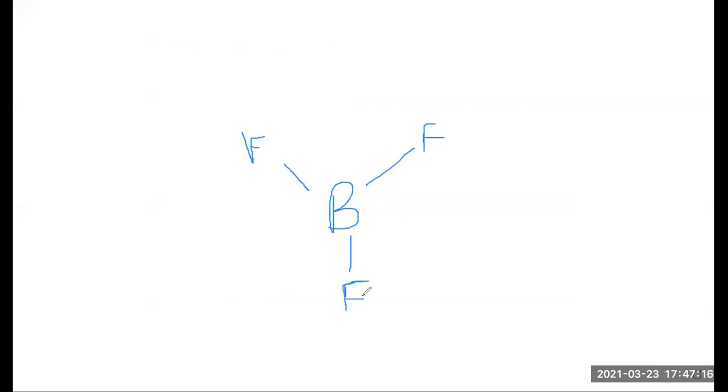Boron is pretty happy with just six. So if I put three fluorines around it, and we'll see how cooperative my little drawing tool is here. All right, we need six electrons around each of my fluorines.